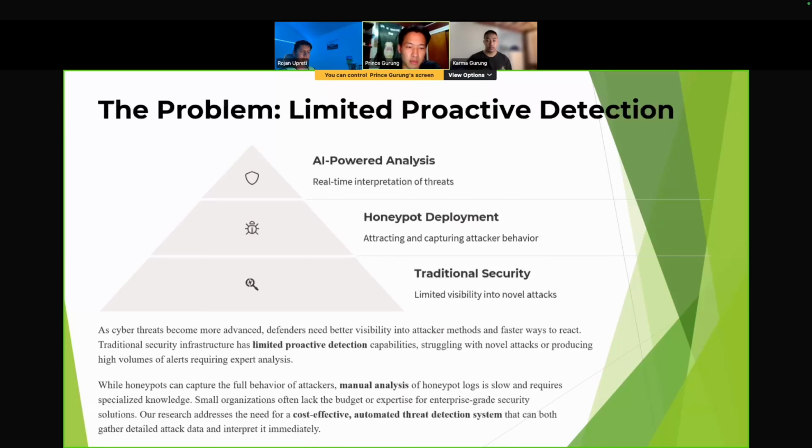While honeypots can capture the full behavior of attackers, manual analysis of honeypot logs is slow and requires specialized knowledge. Small organizations often lack the budget or expertise for enterprise-grade security solutions, and our research addresses the need for a cost-effective, automated threat detection system that can both gather detailed attack data and interpret it immediately.